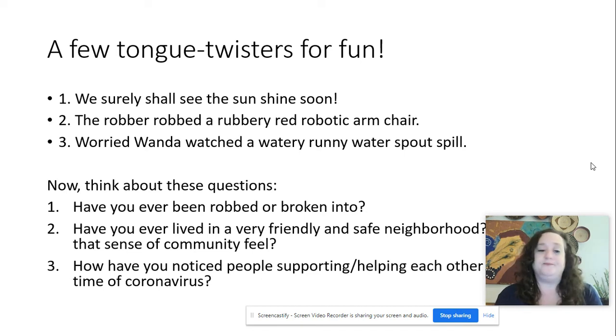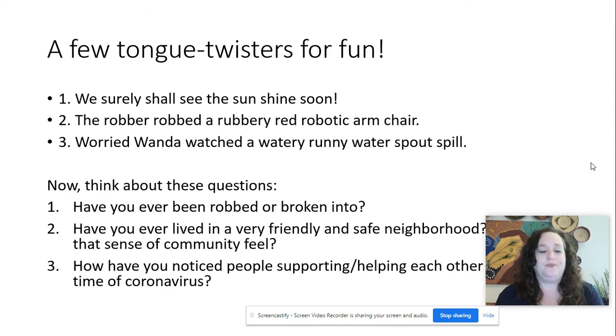Okay, number 1. Have you ever been robbed or broken into? I hope not. If you have, I think some feelings or memories come to your mind. My answer is yes, and it was not a good experience.